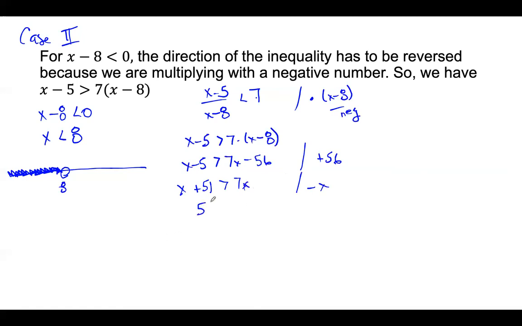So we get 51 greater than 6x, then divide by 6. So this implies 51 over 6 is greater than x, which also implies that 8.5 is greater than x.